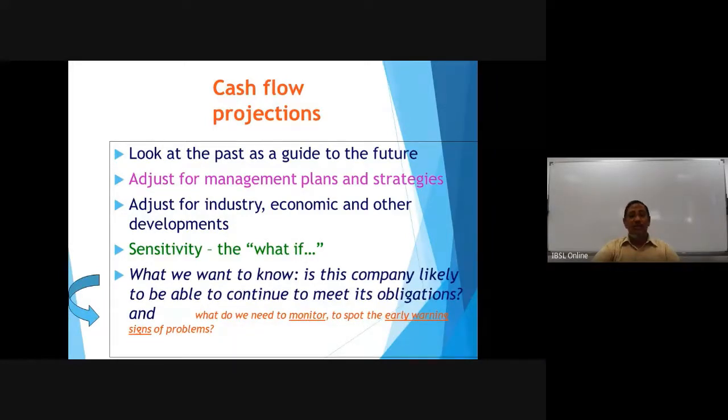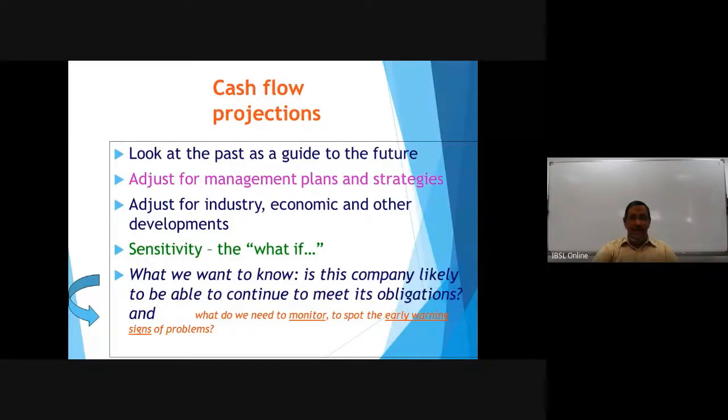What we want to know is whether the company is likely to be able to continue to meet the obligation, and what we do monitor to spot the early warning signs of problems. It's a very, very important part. But we need to monitor to spot early warning signals. Right? So monitor continuously. We'll discuss this as another subject. Monitoring, supervision, follow-up, identify warning symptoms, identify the problems.